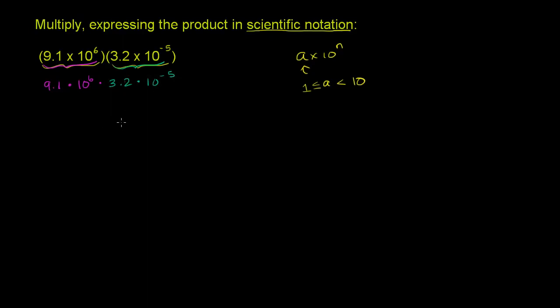In multiplication, the associative property essentially allows us to remove these parentheses. You can multiply like that first, or you can multiply these first. You can reassociate them. And the commutative property tells us we can rearrange this. I want to multiply the 9.1 times the 3.2 first, and then multiply that times 10 to the 6th times 10 to the negative 5.